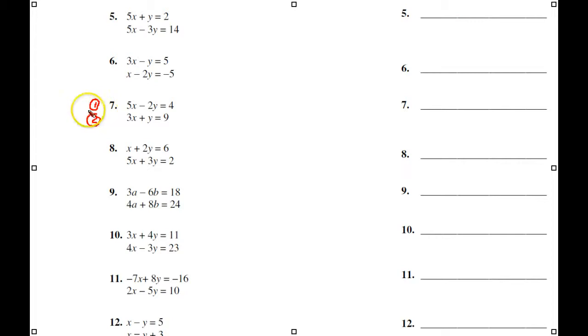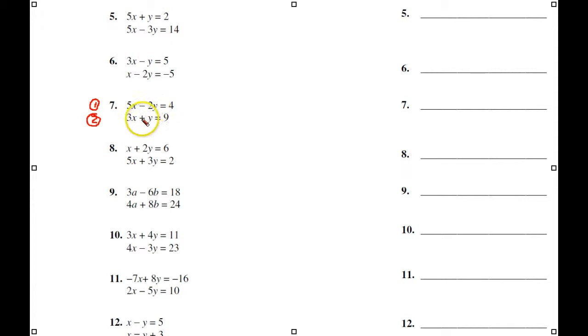So let's do example 7 now. As we look at the system of equations, they are in standard form, but nothing seems to cancel out. So I see here, and this is the judgment part where you are inputting because you can do different things, but I see here a negative 2y.